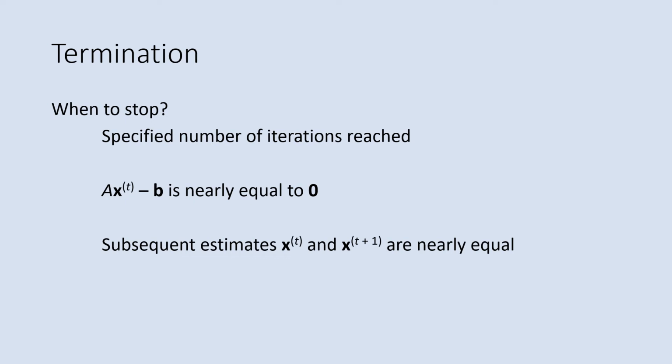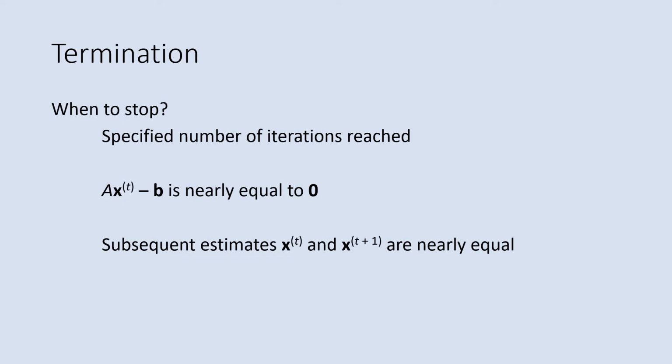Sometimes with termination, there's a combination of these approaches, where if these values have been nearly equal for a specified number of iterations, instead of just one followed by another being close to the same, we've done this for 100 iterations in a row and they've all been really, really close to the same, maybe we go ahead and stop at that point.